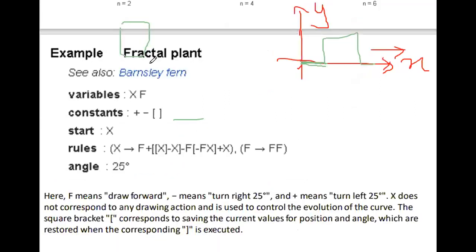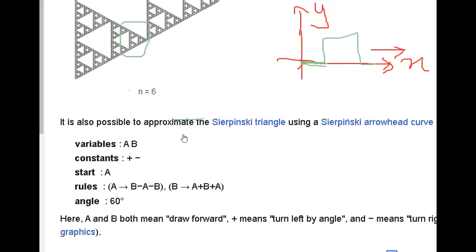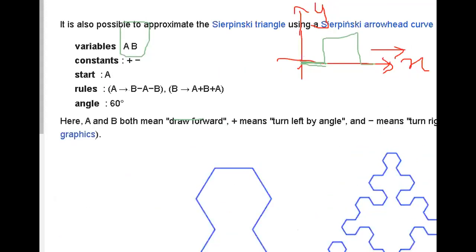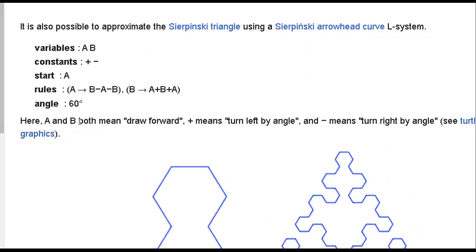All right, another one: fractal plants. If you go to Wiki, if you define these symbols, then you can visualize those rewrites meaningfully, as I said before.